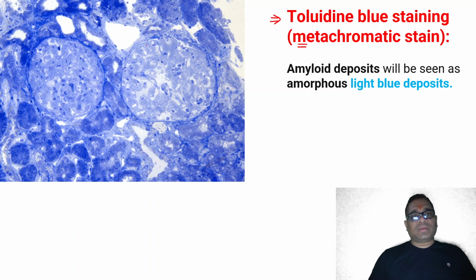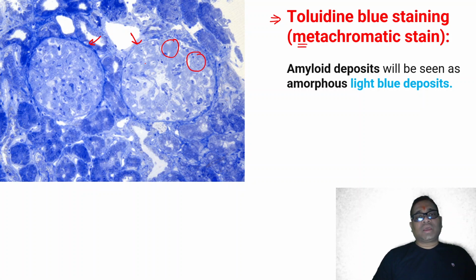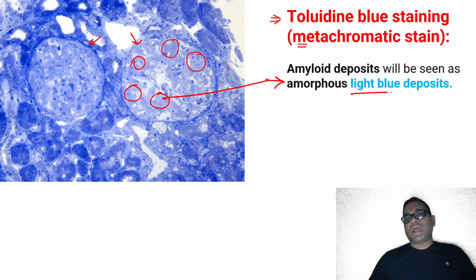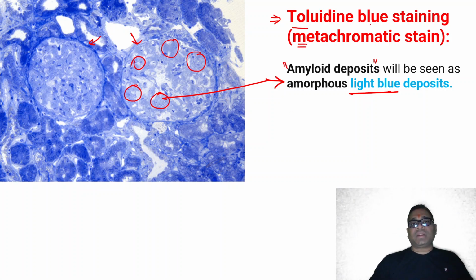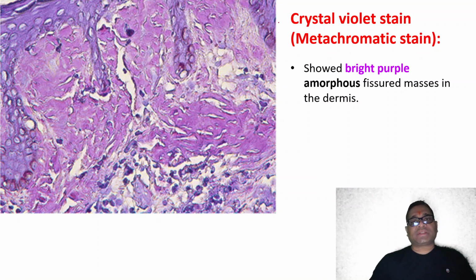Here you can see two glomeruli, and within these glomeruli you can notice amorphous acellular extracellular blue deposits. These amorphous light blue deposits are the amyloid deposits in toluidine blue staining. So toluidine blue is a metachromatic stain, and the amyloid will be light blue in color.